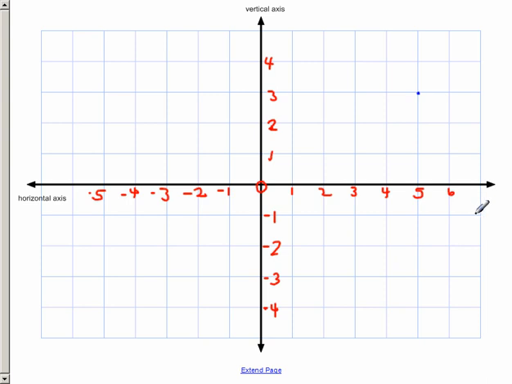The second ordered pair was 0, negative 4. So again, 0 is our horizontal, our x. It's right there at the origin. And then minus 4 right there. The next ordered pair was 3, 0.